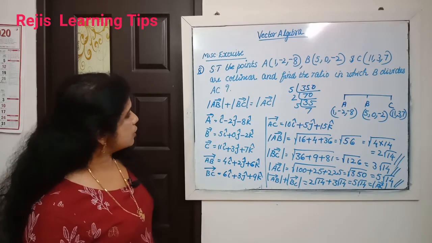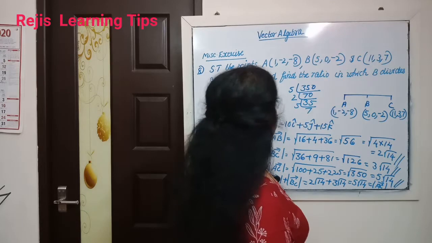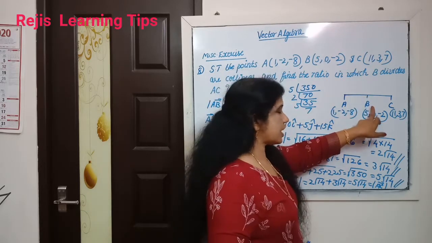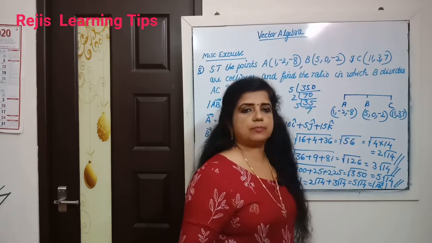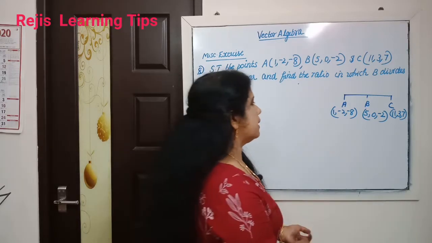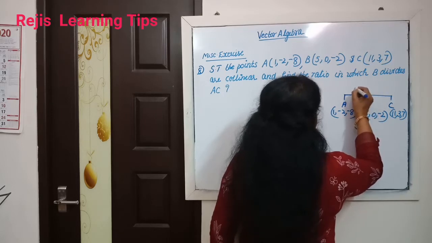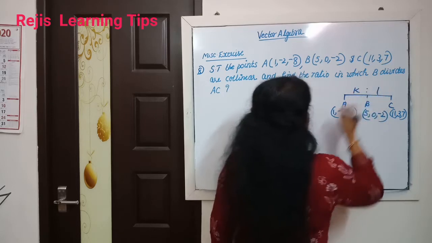Then next we want to show the ratio in which B divides AC. In which ratio B divides AC? Let us see. B divides AC in the ratio k is to 1.